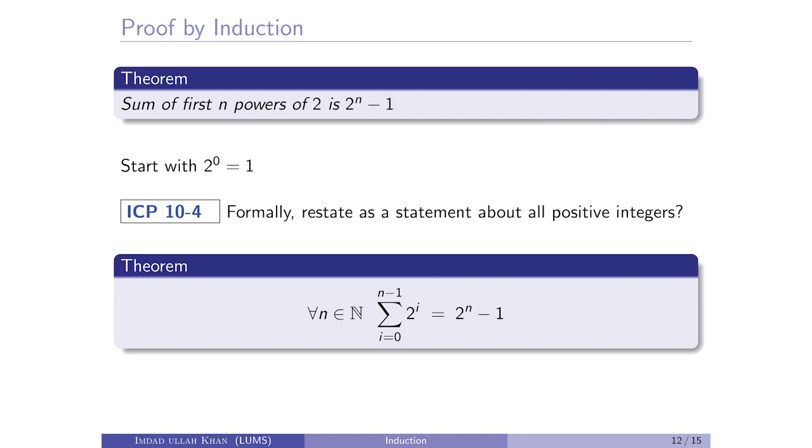So when we say that n belongs to natural numbers, and when does it belong to positive? Natural numbers are relatively poorly defined. Sometimes we include 0, sometimes we don't include 0.